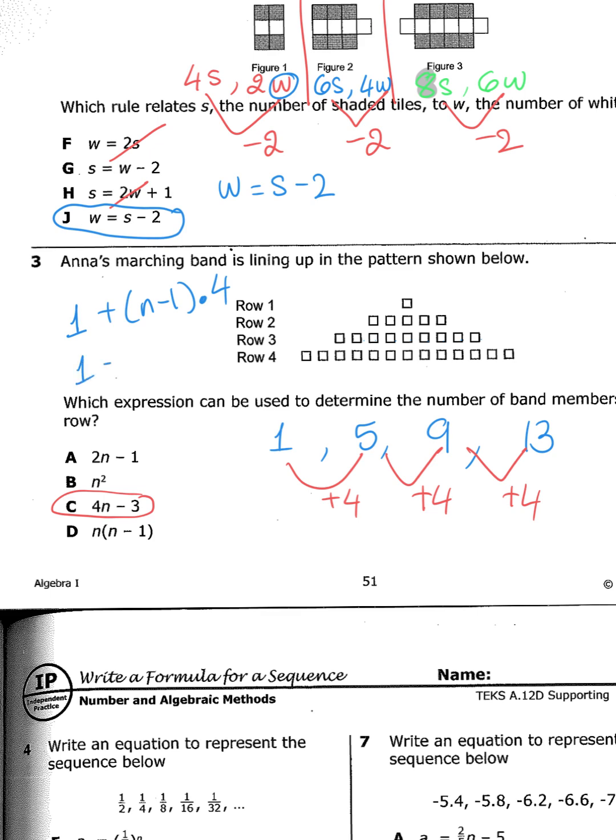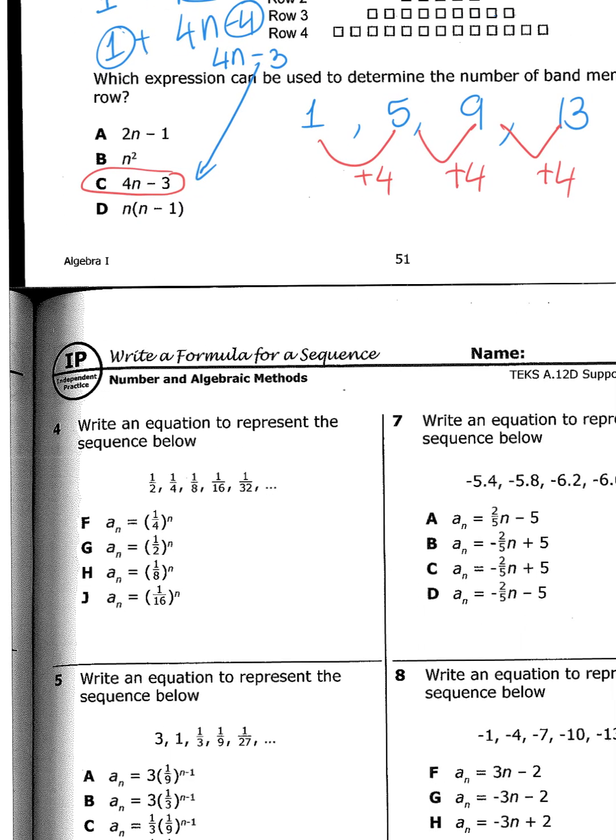So we have 1 plus 4 times n minus 1; we distribute, right? We're going to have -4. Is that correct? And then -4 add 1, combining the like terms, you will have 4n minus 3. So that is what it is. Okay, so we use the distributive property.